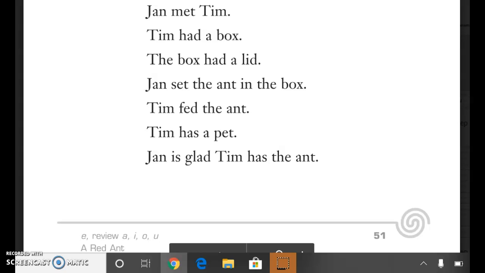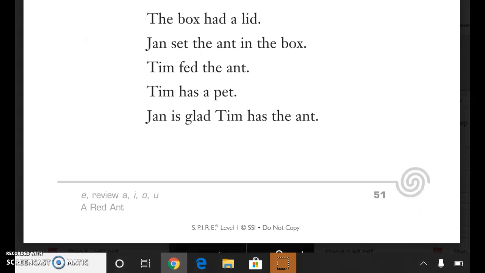It says Tim had a box. The box had a lid. Jan set the ant in the box. So what happened next? Jan put the ant in Tim's box.